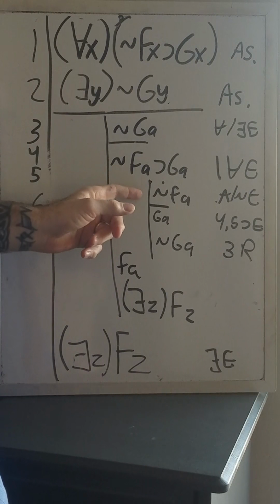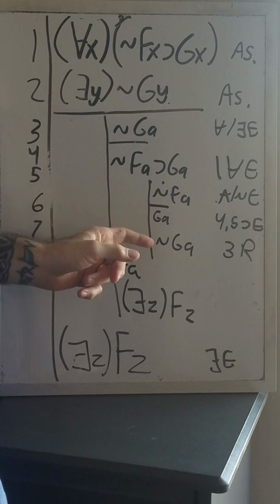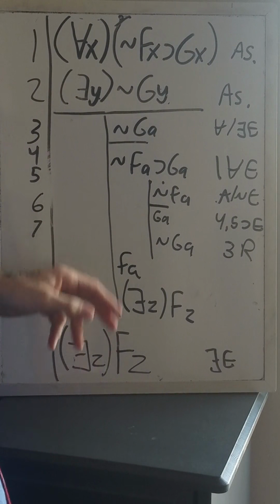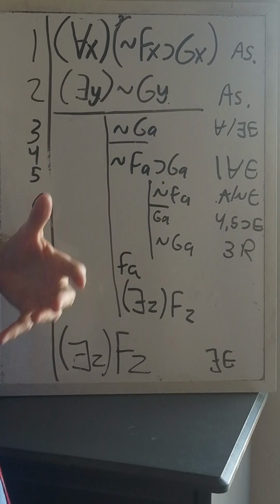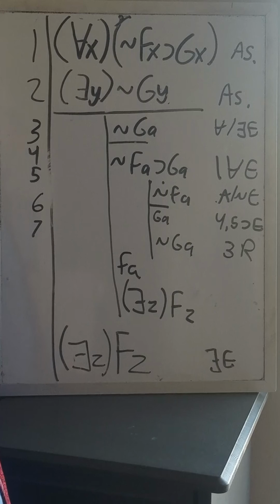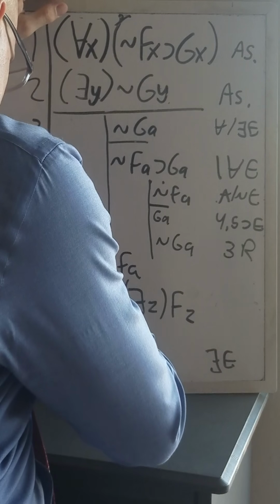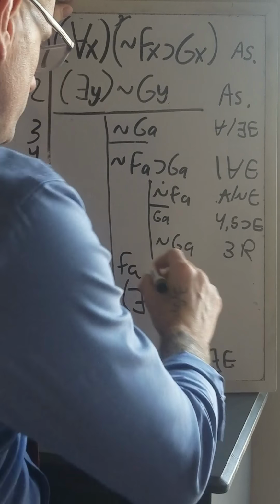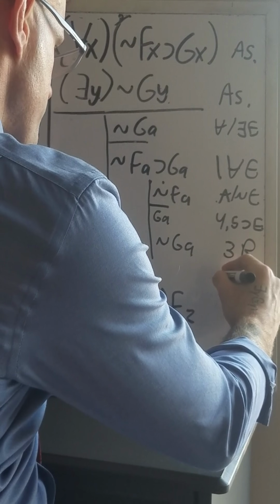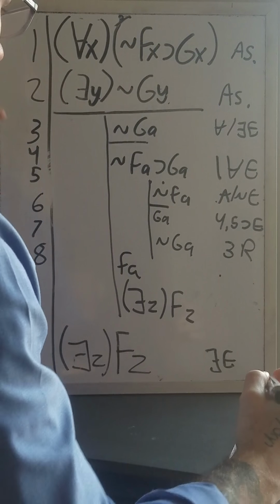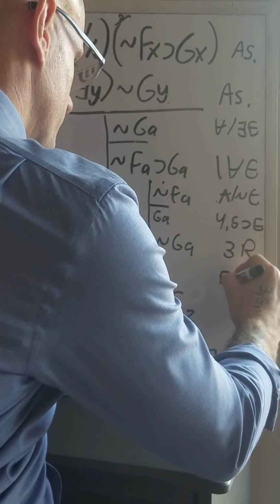So on the assumption of not FA, we got GA and not GA. So not FA can't be right, must be FA. Okay. Lines 5 through 7, negation elimination.